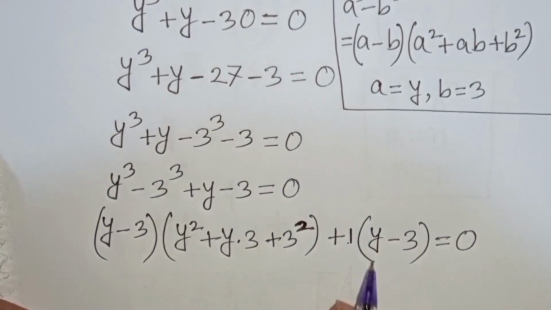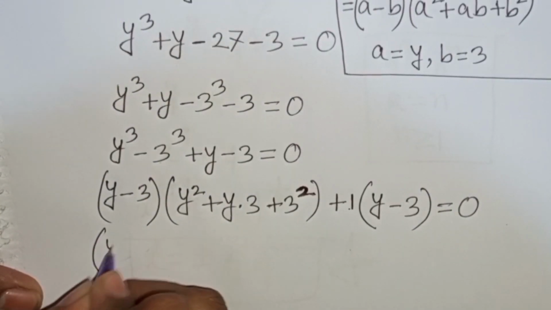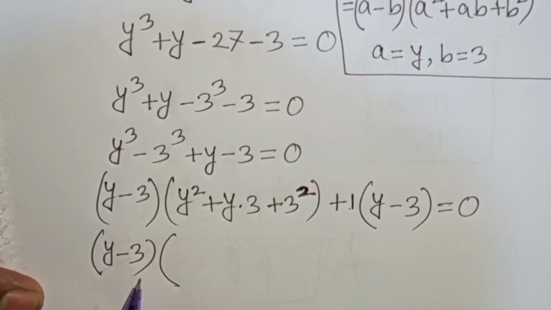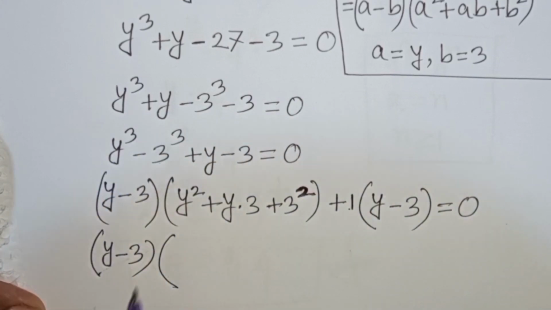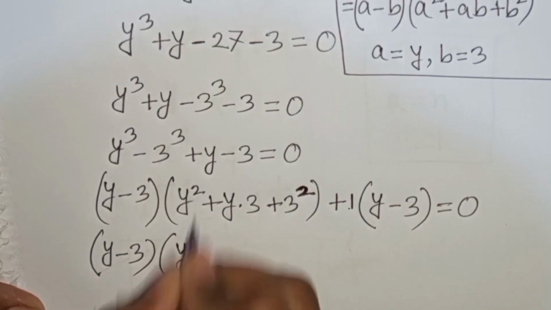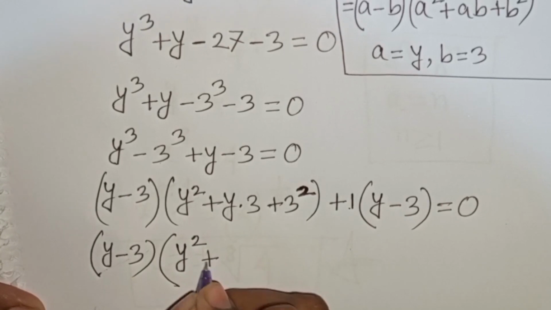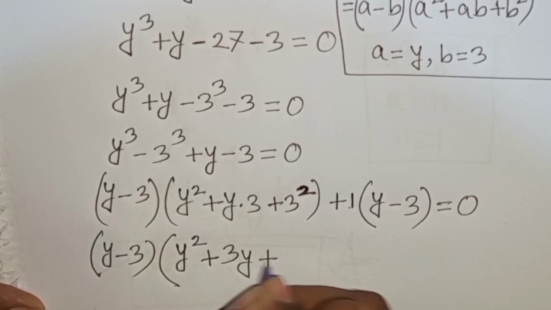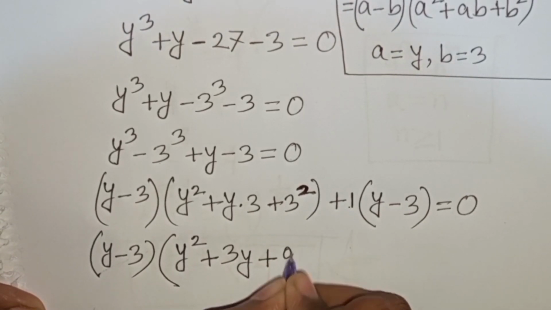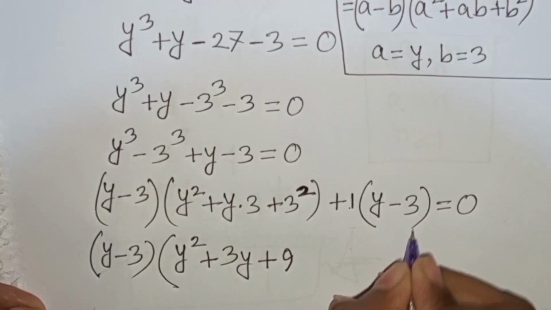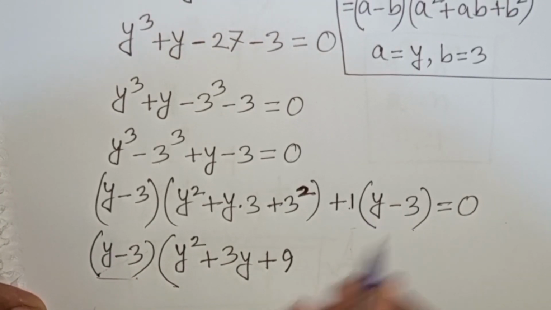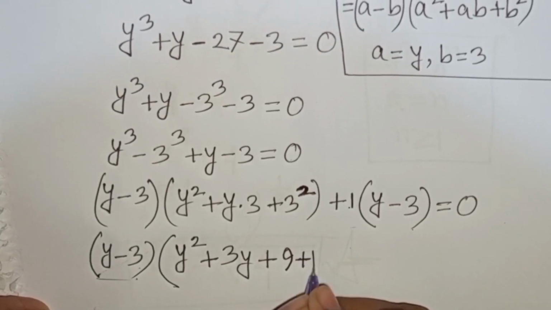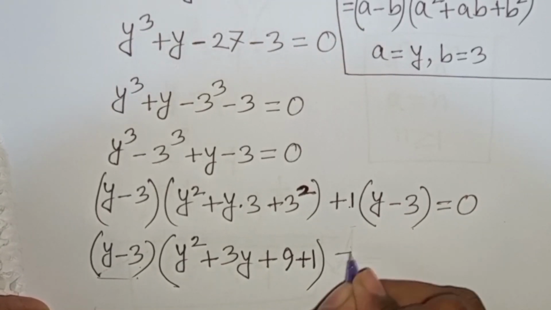Now we see y minus 3 is common, so take common y minus 3, so bracket y minus 3 is out of this bracket, so this divided by this, that means y minus 3 will be cancelled. So we have y square plus y times 3, that means it will be 3y, plus 3 square is same as 9, then this divided by this, that means this y minus 3 will be cancelled, so here plus 1, then bracket close is equal to 0.